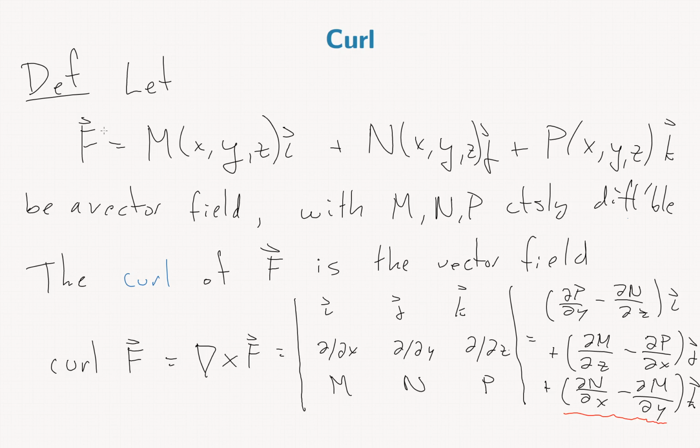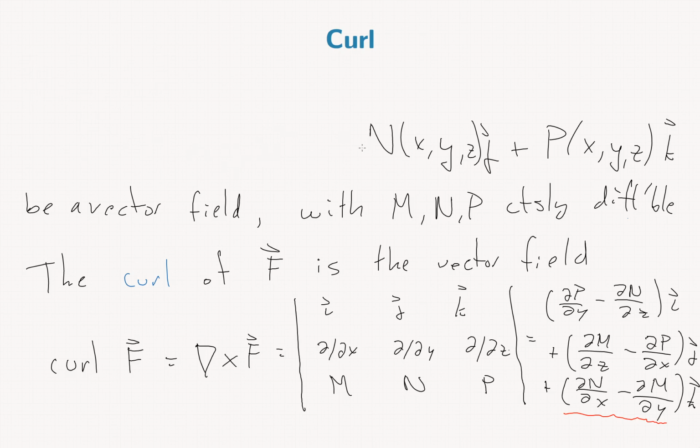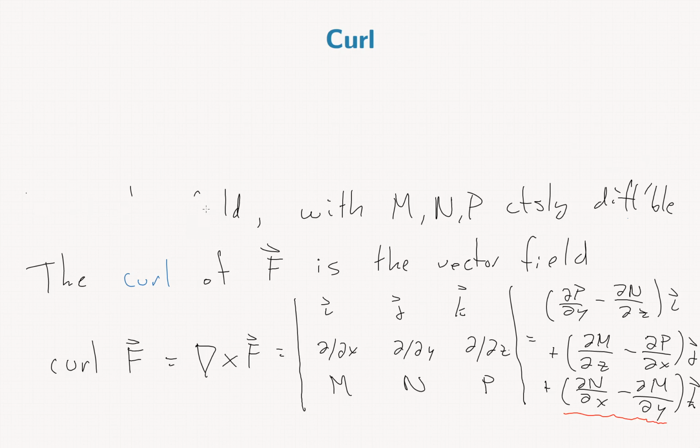So this is measuring how the other directions are twisting around this axis. So once again, there's a rotational interpretation.